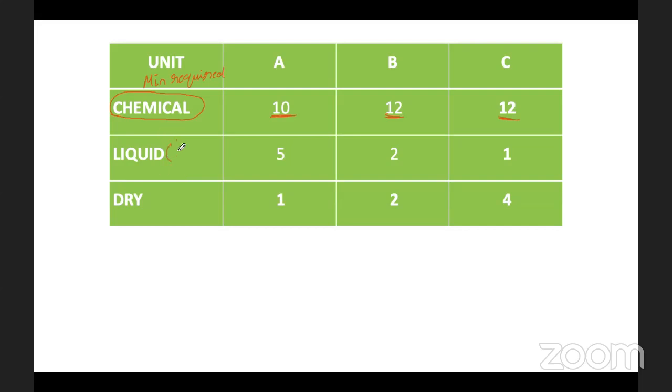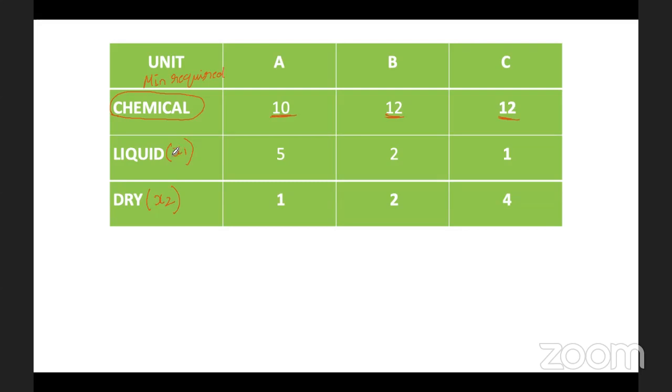Fine, so this liquid can be considered as X1. Dry can be considered as a product of X2. So there are two categories under which we can perform. There again, 5 units of liquid, 2 units of chemical B, and 1 unit of chemical C. Similarly in the dry also, you can just look into it. 1 unit of A, 2 units of B, and 4 units of C. So what I've done over here is I've introduced two terms, X1 and X2.